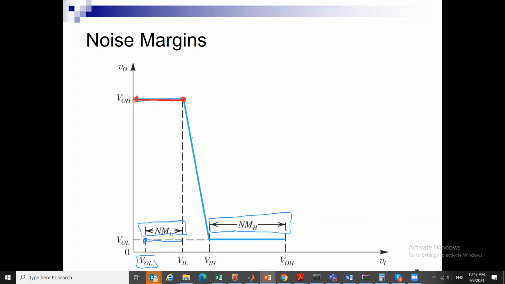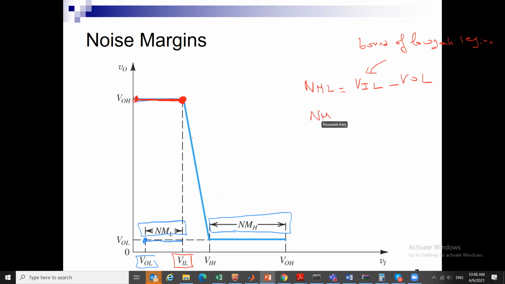My output will drop quickly. And this point at the intersection and the boundary of the low gain region is defined as the point VIL. So my noise margin low is determined by VIL, the input low, which is the maximum input, the boundary of the low gain region. Now we talk about the definition of it. And so the noise margin low is VIL minus VOL.